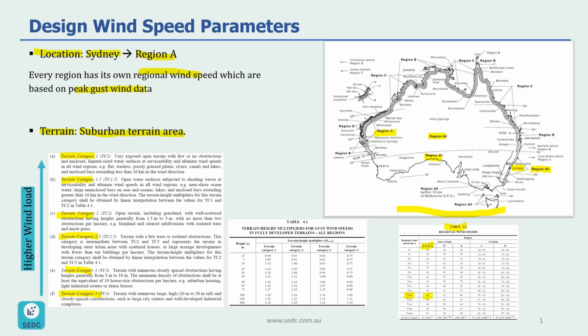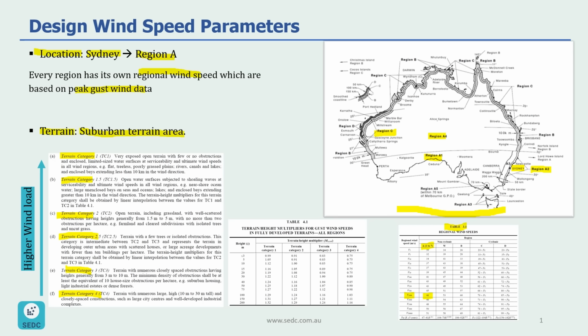So terrain category 1 requires a higher wind load factor, and terrain category 4 requires the lowest wind load factors.